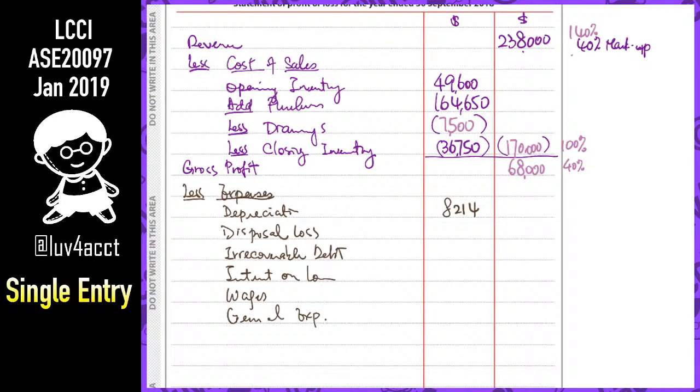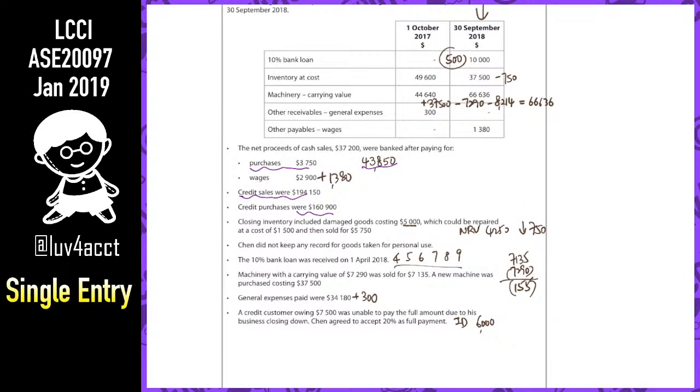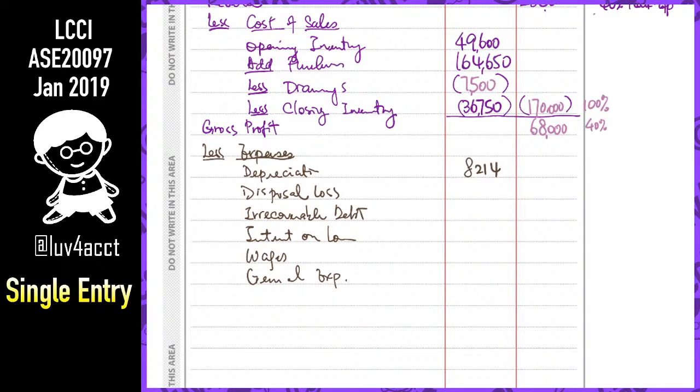Let us go on to the expenses part. Depreciation, finish. Disposal loss, irrecoverable debt, interest, we have already calculated. Disposal loss 155, irrecoverable debt 6,000, and then 500 on interest.